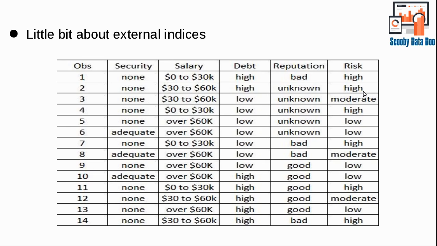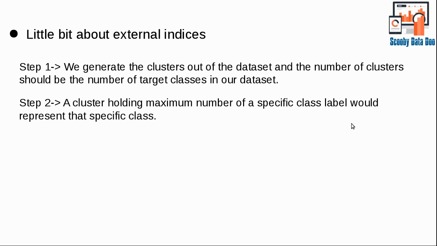So this cluster will be labeled as high because it is frequent in terms of the value high, where moderate and low would be a little impurity of the cluster. Okay, so this is what step 2 is saying.